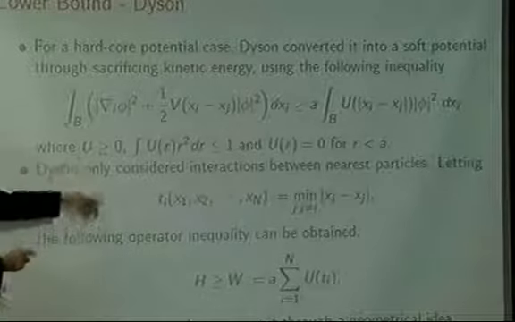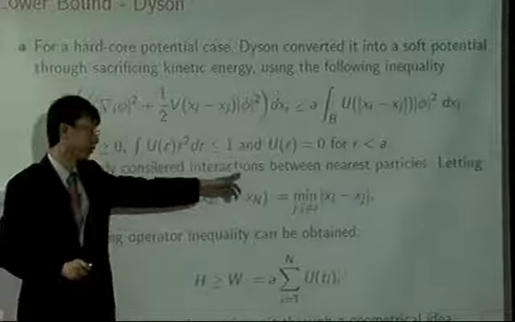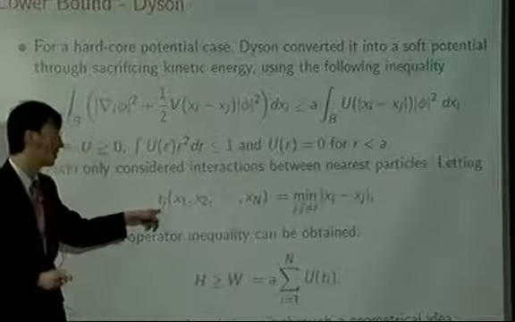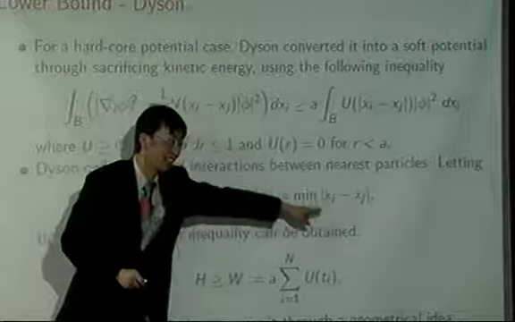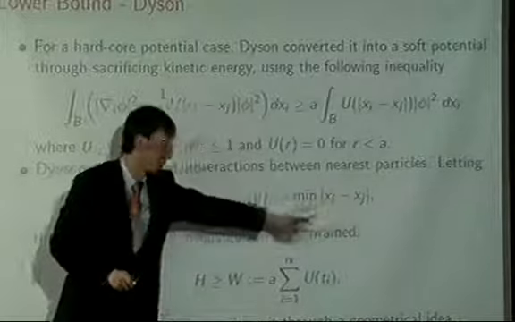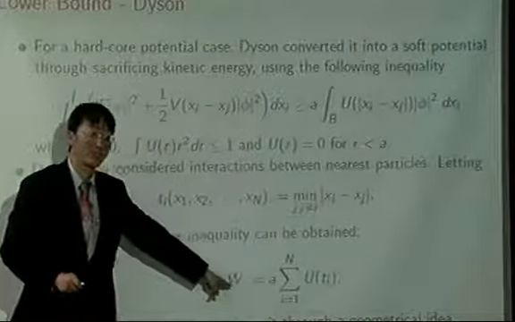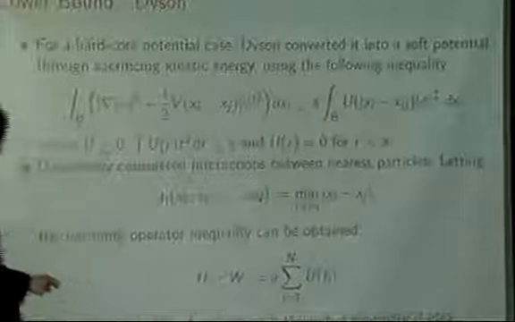Mathematically, it's like this. He only considered the interactions between the nearest particles. So ti is the distance between xi and its nearest particle. And then the new operator W is the scattering length times some suitable potential that looks like this, and xi only interacts with its nearest particle.